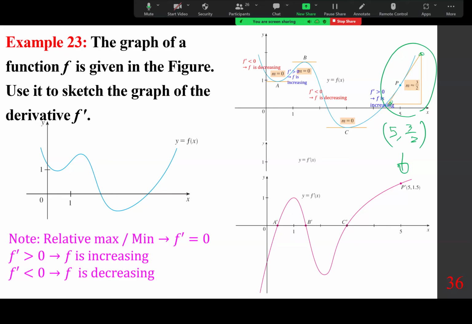Okay, everybody? Again, this is 0, this is 0, this is 0. This part is decreasing, below the x-axis, decreasing, below the x-axis. Increasing and increasing is above, and this point 5 and 1.5 or 3 halves.